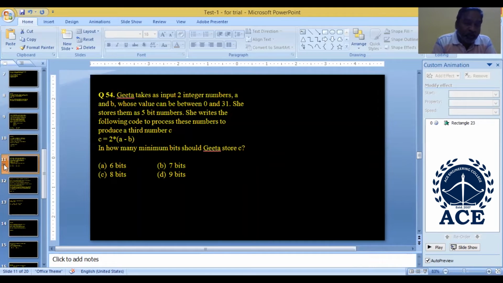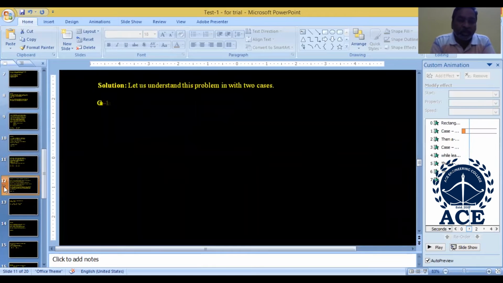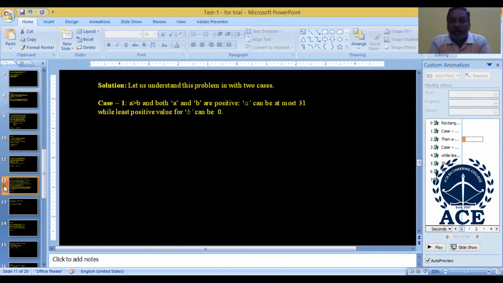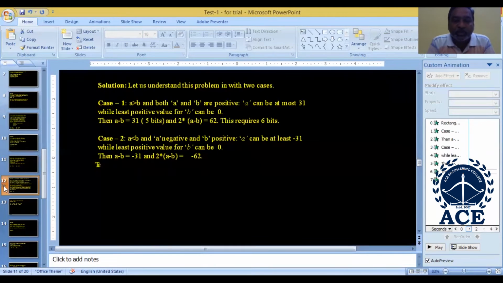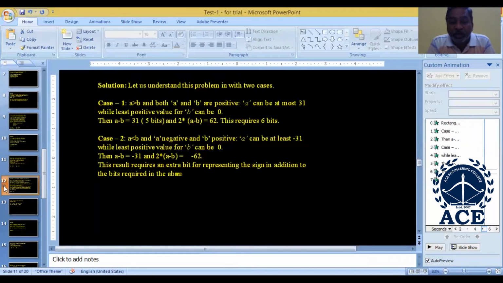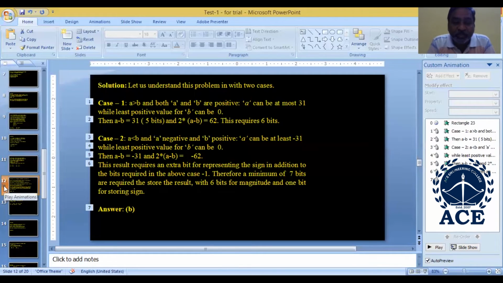A very good question indeed. We'll see the answer now. We'll go through the answer with an explanation. Now, let us understand this problem in two cases. Case 1, A greater than B, both A and B are positive. So what is the largest value possible for A? A can be at most 31, while the least positive value for B is 0. That gives A minus B is equal to 31, which can be stored in 5 bits.